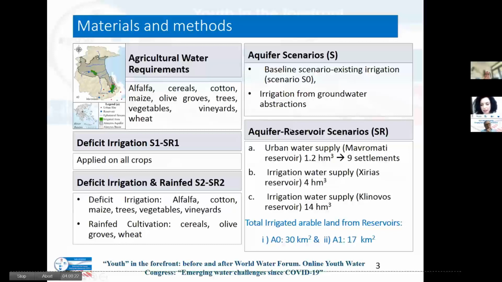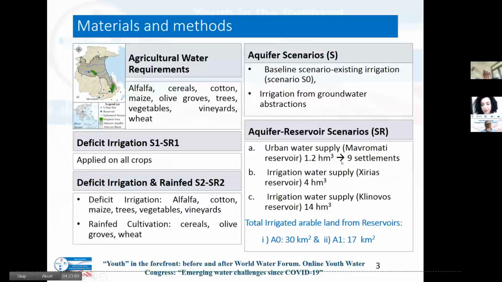And as aquifer reservoir scenarios, we considered the operation of 3 reservoirs: Xyrias, Klinovos, and Mavromati Reservoir. The Mavromati Reservoir is intended to supply urban drinking water to 9 settlements, and it has a storage capacity of 1.2 million cubic meters.